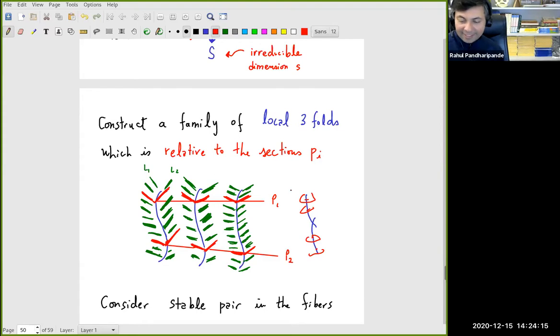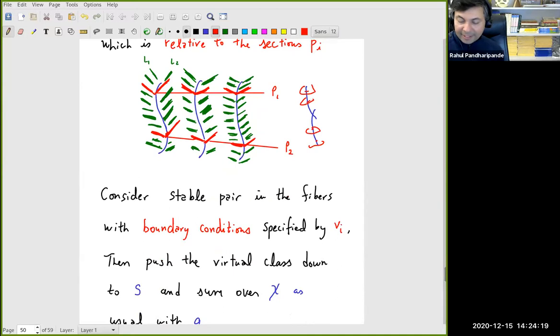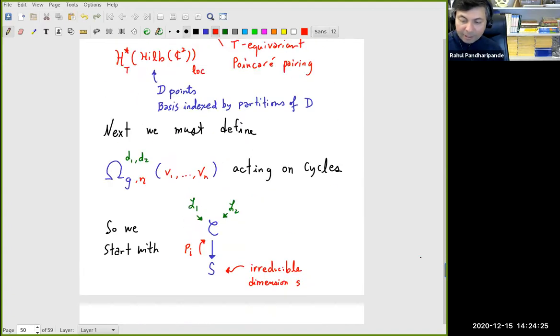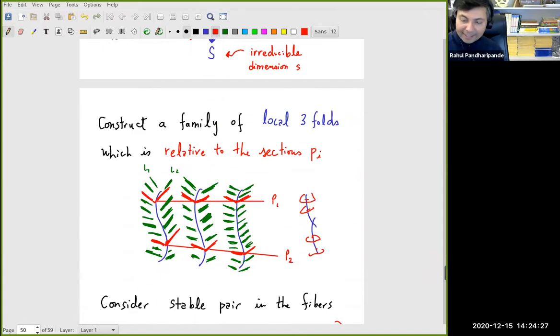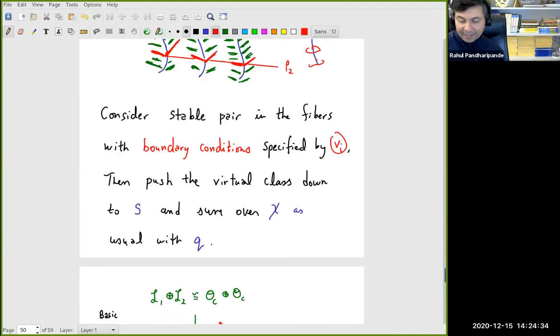And then you consider that stable pairs theory, and you put boundary conditions along these relative things specified by our vectors. The vectors are these partitions, and they exactly specify the relative conditions everywhere uniformly. And then that gives you a virtual class.